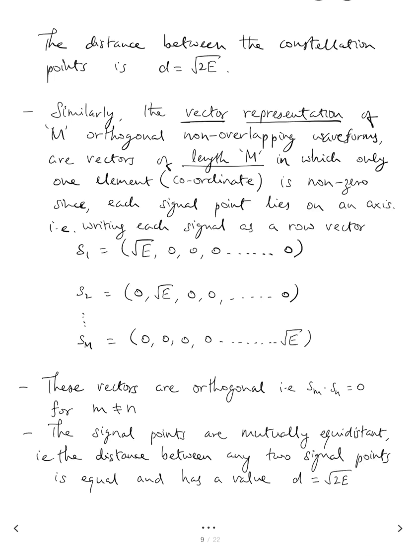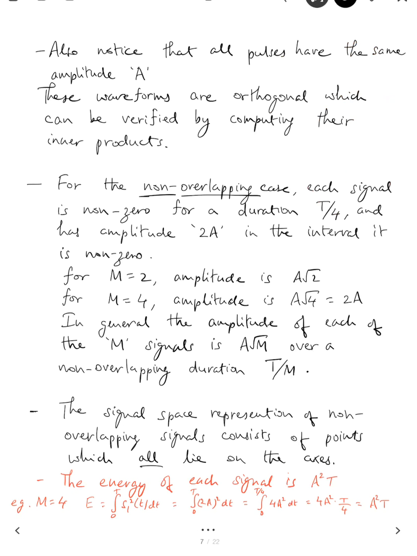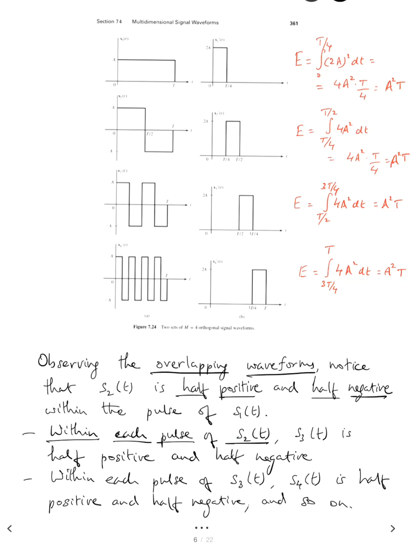Let's quickly go back to our waveforms. This waveform is a pulse in this position. S2 of t dash is a pulse in a different position. This is the same pulse but in a different position.